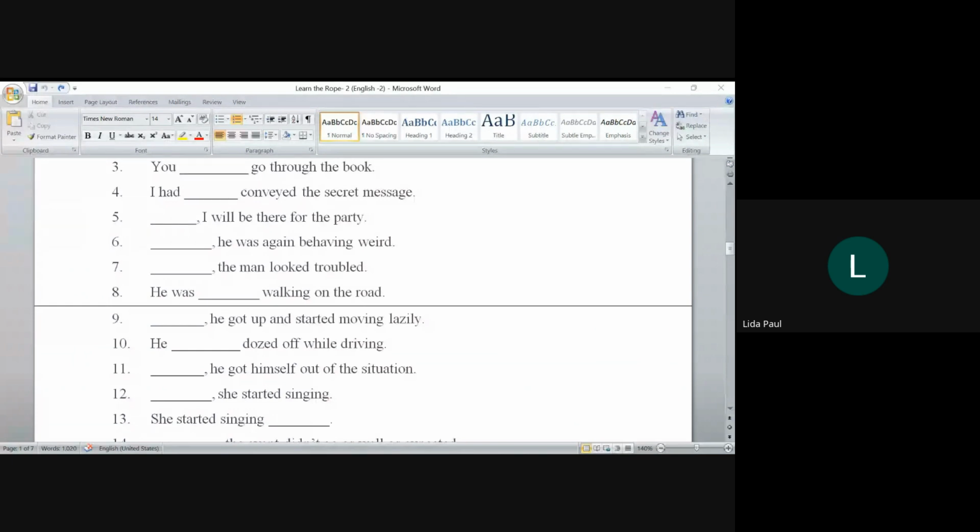Then comes, he was dash walking on the road. Wrongly. Confidently. We don't have confidently here. The option we had was confidentially. It's used up. Which was the other one? Sorry, somebody answered before that.